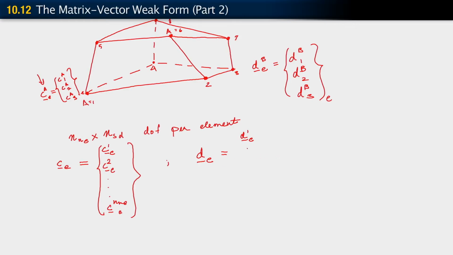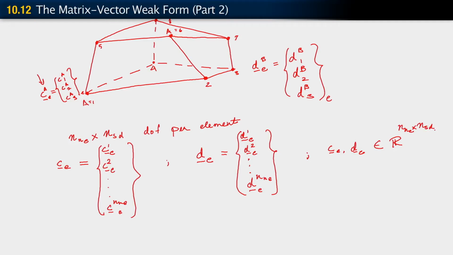So we have D_1E, D_2E, and so on, all the way up to D_NNE, element E. Note that C_E and D_E belong to R^(NNE times NSD). Okay, they're big vectors.